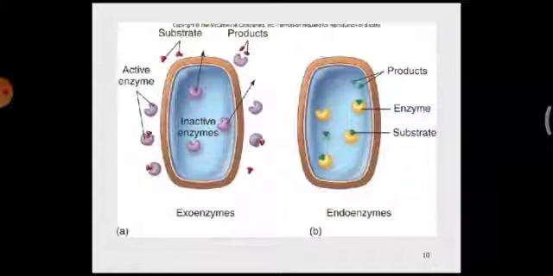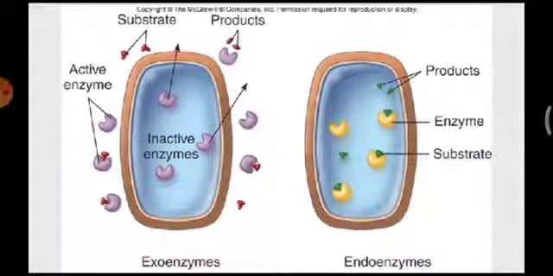In this illustration, you can see the two cells. In the first cell, you can see the enzyme in blue color, and they are combining with the substrate outside the cell, which is in red color. Substrate and blue enzymes are combining, and active enzymes are present outside. They are exoenzymes or extracellular enzymes. On the right side, you can see yellow color enzymes which are present inside the cell.